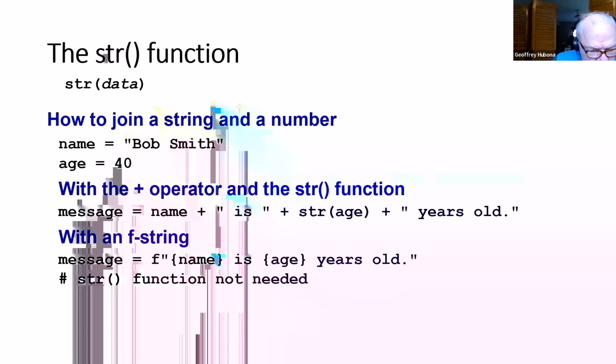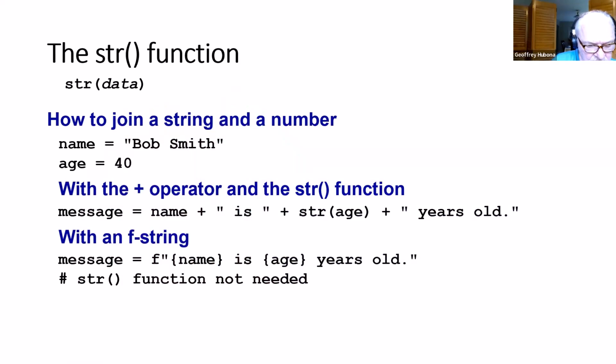So here we're introducing the str function, which is an R native function. You need to use this in the case of creating a new string that joins string variables with, in this case, numeric variables. Right, here, let's pull this up.